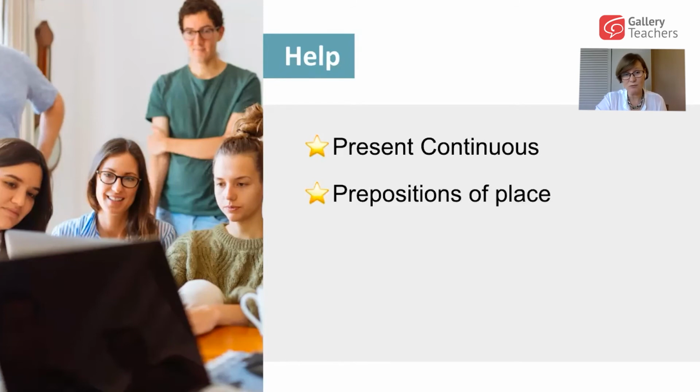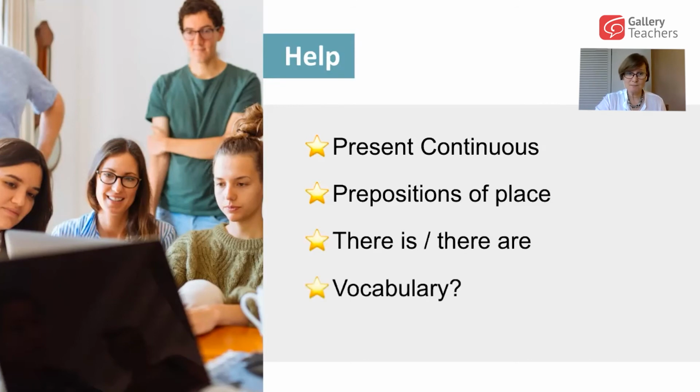So we need to review that. Maybe some of the structure there are for them to review. Maybe some vocabulary. So in this case, I may think of maybe some pieces of art. And also, because there are a lot of details in the picture, they need to know where to start. Can they start on the right, on the left, in the middle? So it's easy to follow.